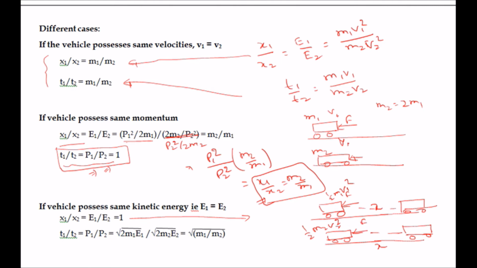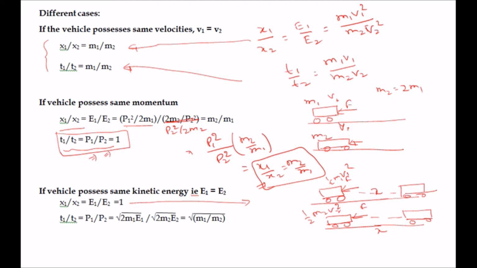However, if we have to calculate the stopping time, then the stopping time is directly proportional to momentum, and momentum is proportional to the square root of mass and energy. So T1 by T2 is equal to P1 by P2, as P is directly proportional to the square root of 2ME.